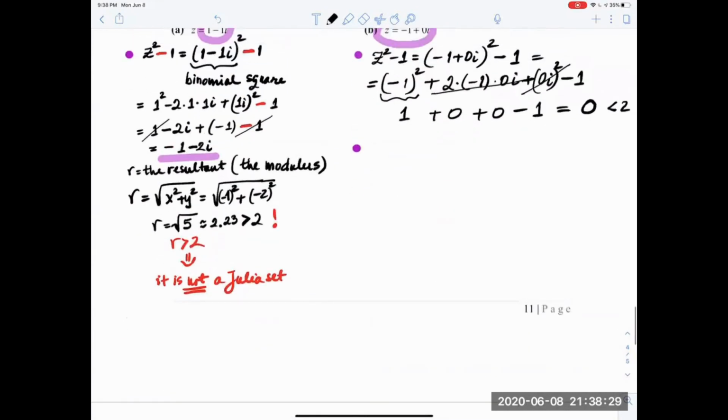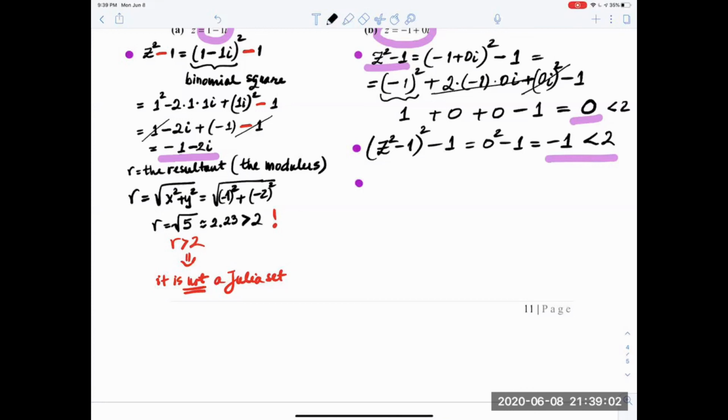Well, my number now is 0, so it's 0 plus 0i, essentially. So that becomes 0 squared minus 1. So this is negative 1. This is also less than 2, even if you do the modulus and write it as a CIS.